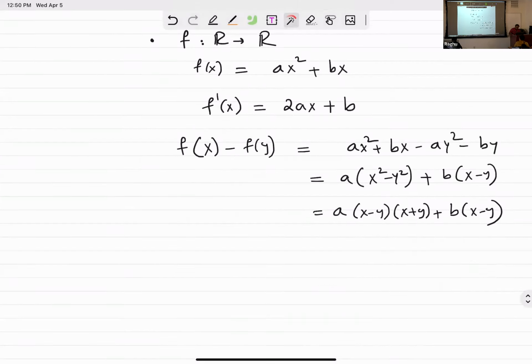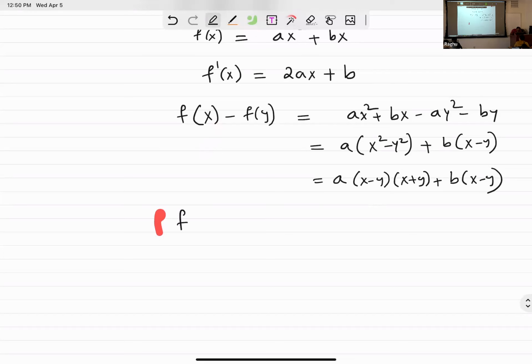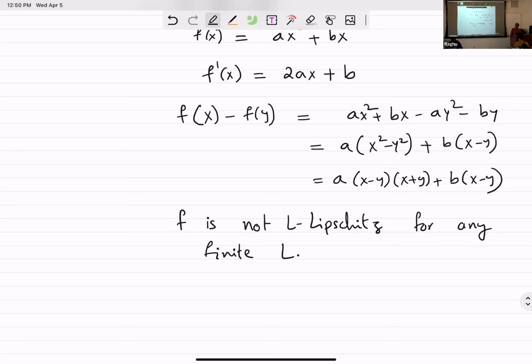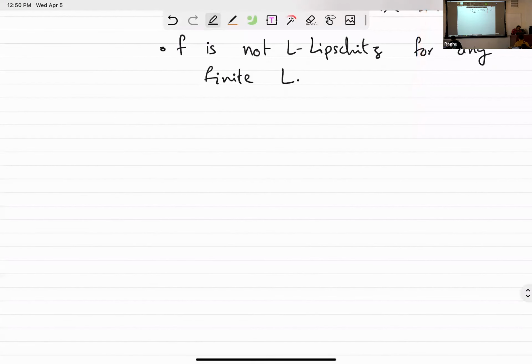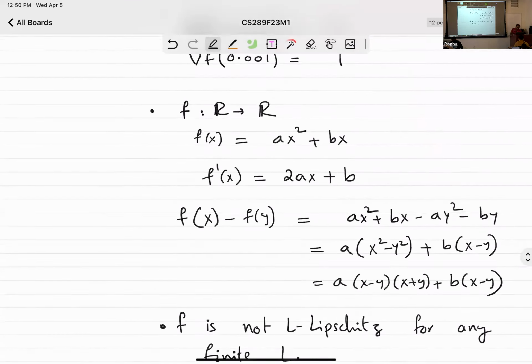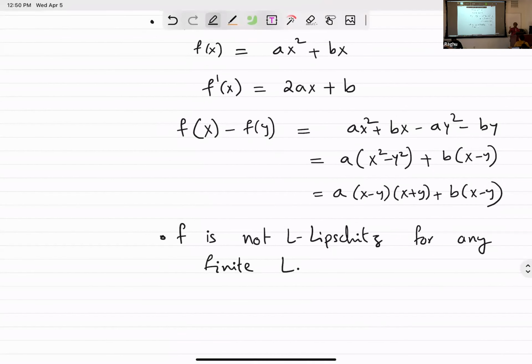So f is not Lipschitz for any finite constant. And in general, even if you put a bound on the range of values that you take, it just means that the Lipschitz constant is not as good. But it's not that f is really terrible for optimization. It's still a nice quadratic function, which we expect is nice to optimize.